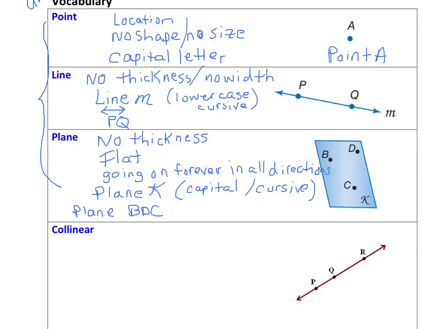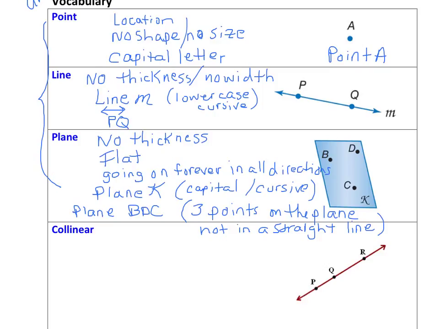What does matter is that you label it with three points on the plane, and those points cannot be in a straight line. So I'm just going to write that out in words right now, and we'll talk about collinear in a sec. Not in a straight line. So you can see B, D, and C are certainly not forming a line, and we could then describe that plane with those letters.